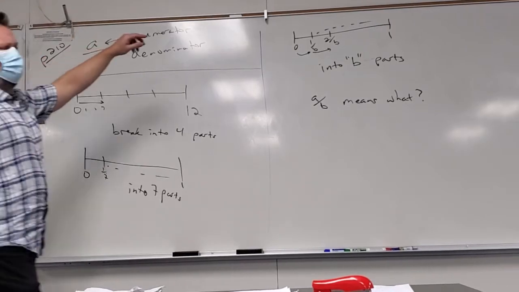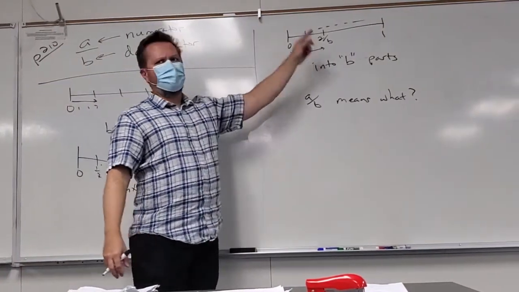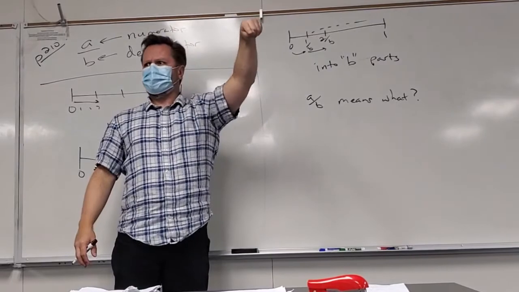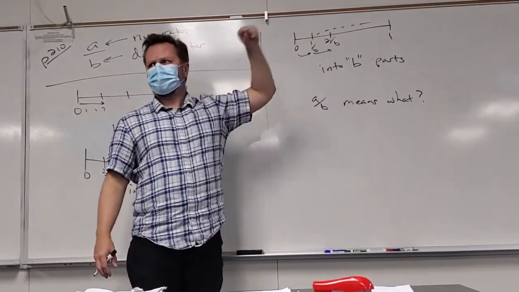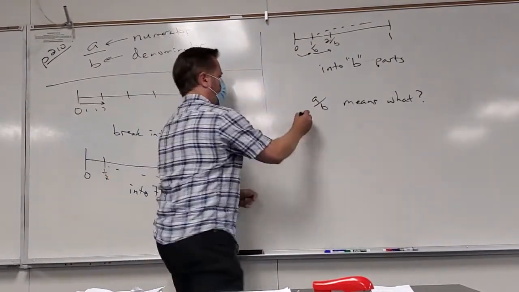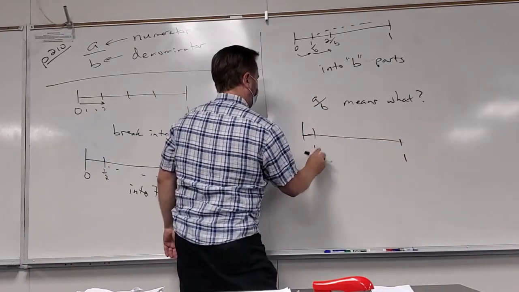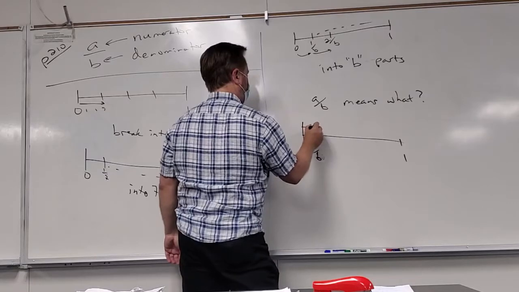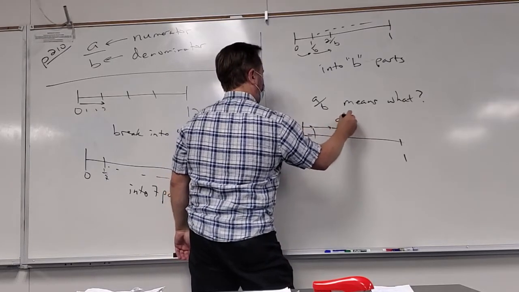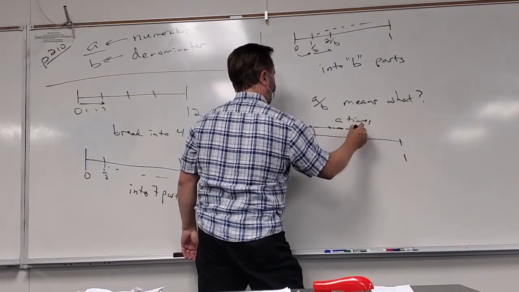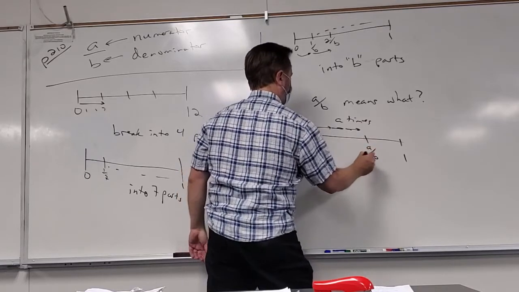Well, what did 2 over B mean? Took 2 steps, each 1 over B big, right? Take A steps. If I do this A times, I'm going to end up at A over B.